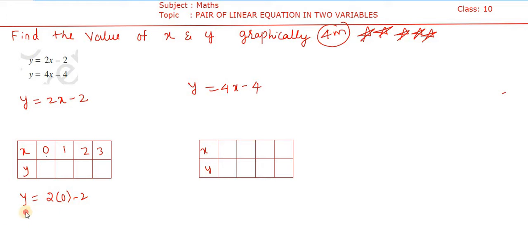Now y is equal to 2 into 0 minus 2. 0 times 2 is 0, 0 minus 2 is minus 2. Therefore y is equal to minus 2.